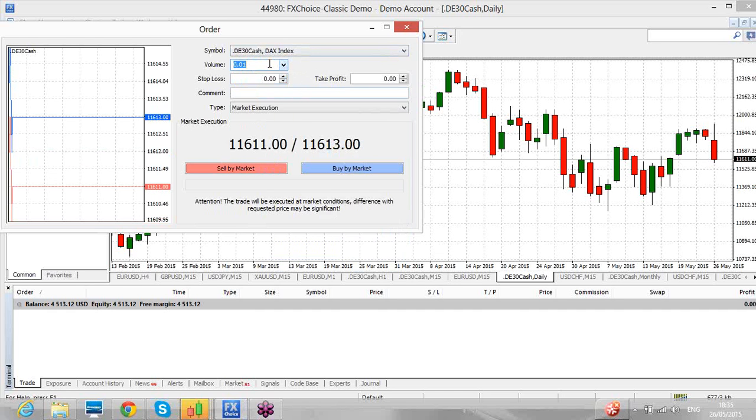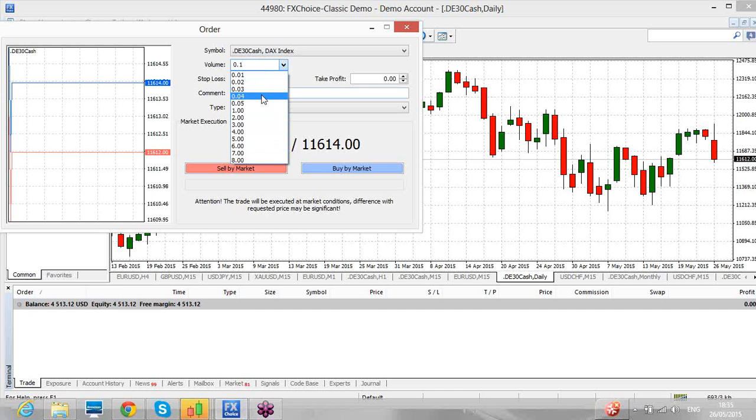If we change that to 0.1, and the DAX moves 1 point from 11612 to 11613, that is a 250 move. So beware of the difference here.